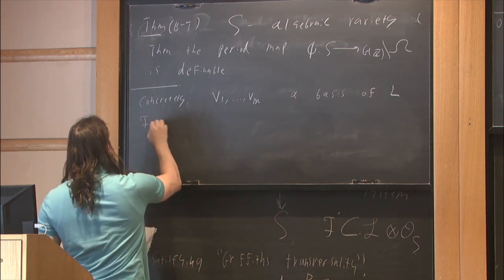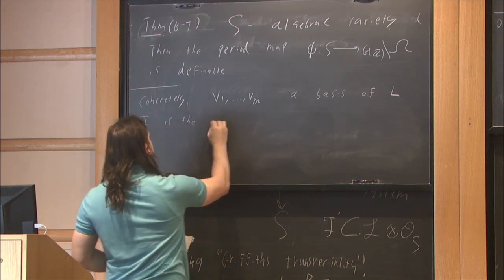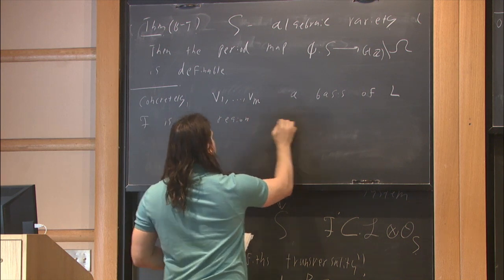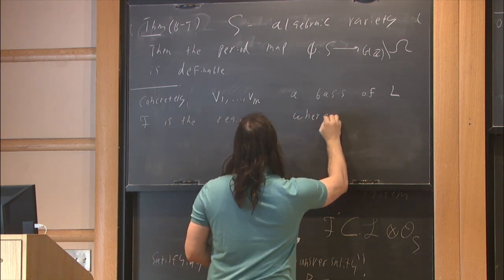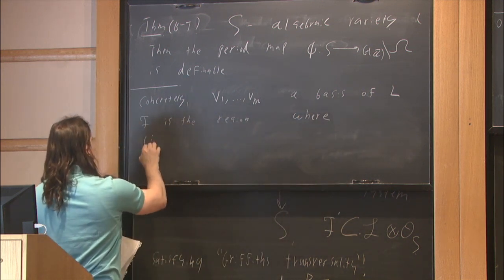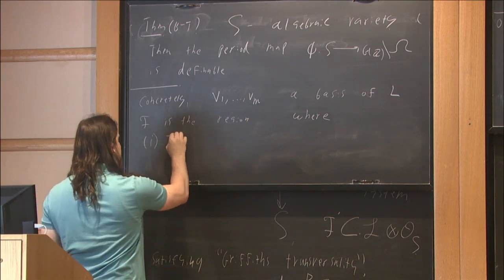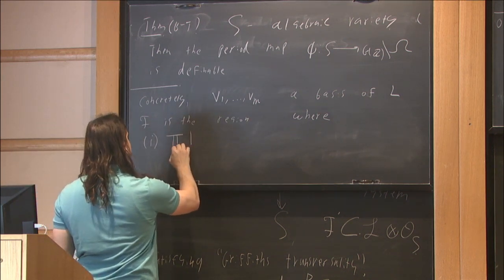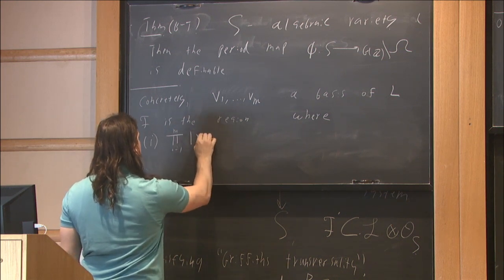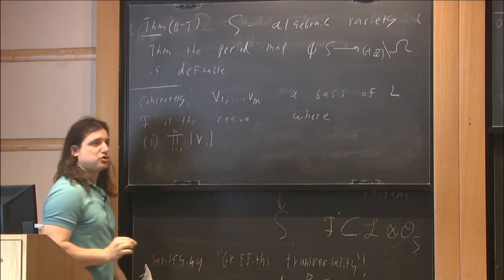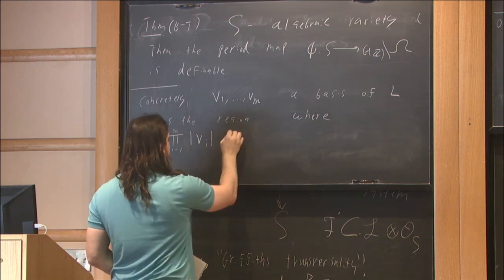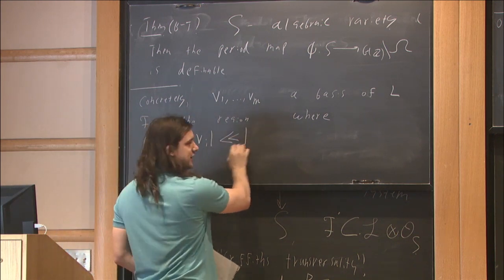So F is the region where two things happen. What does it mean to be a Minkowski basis? If you look at the product of the Hodge norms of the v_i's, this is not much bigger than 1.